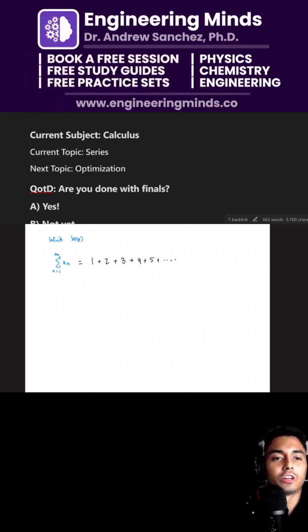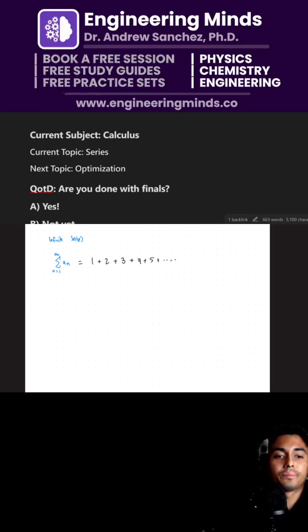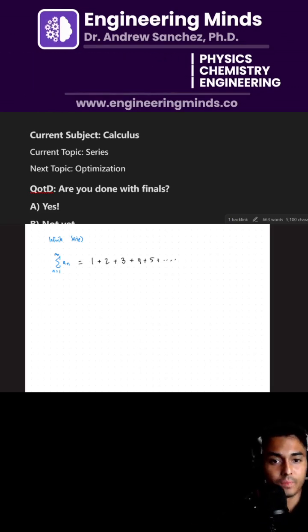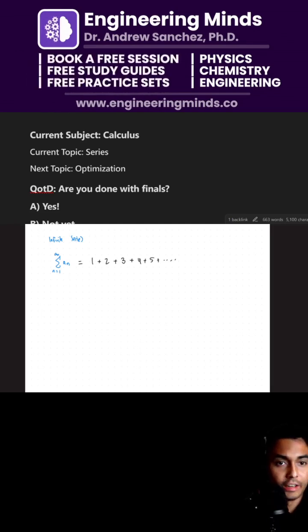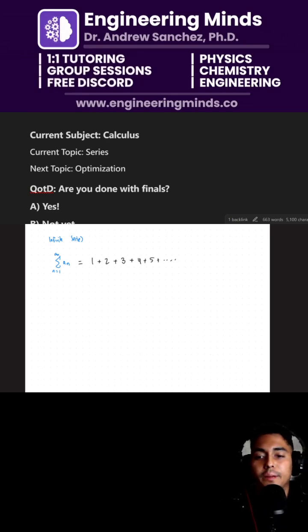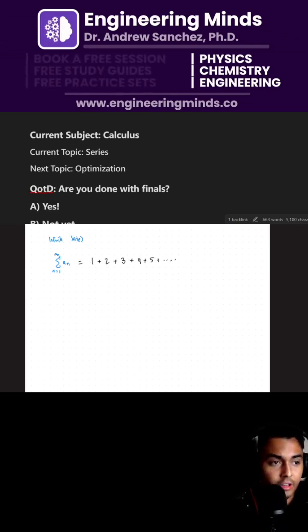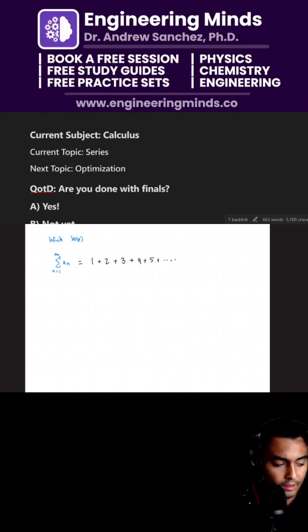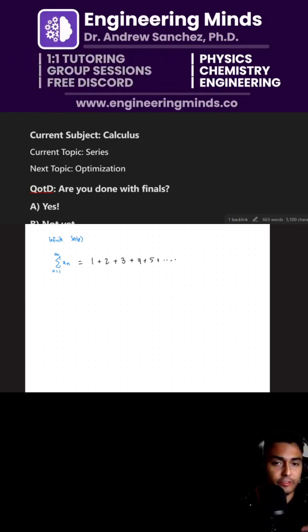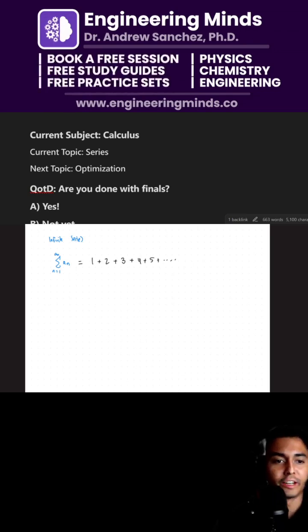So I want you to contemplate if this is going to blow up to infinity or is it going to be reduced to 0, okay? So chat, is this one infinity or negative infinity or 0? Comment down below. Is the summation of n equals 1 to infinity of a sub n a positive infinity, a negative infinity, 0, or a finite value?